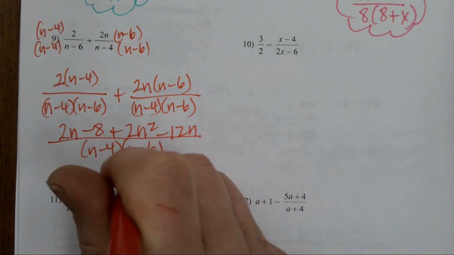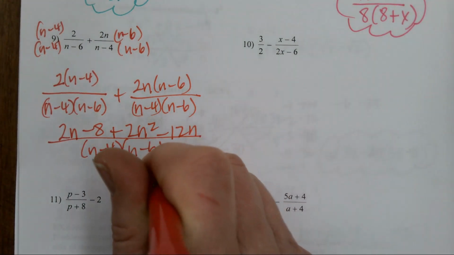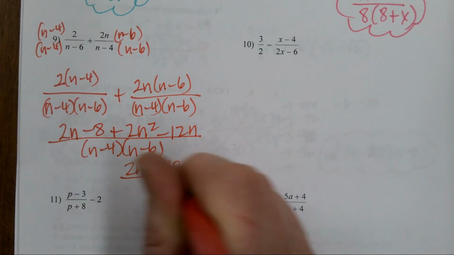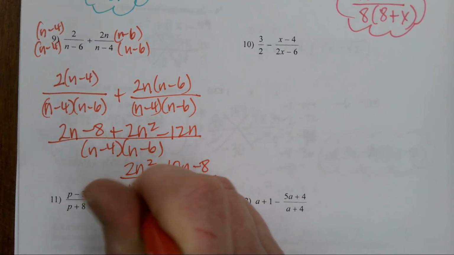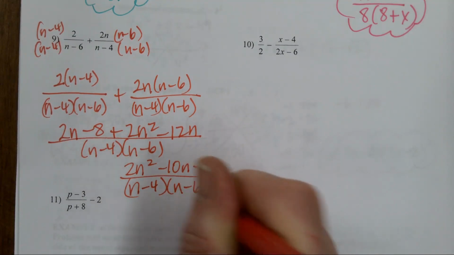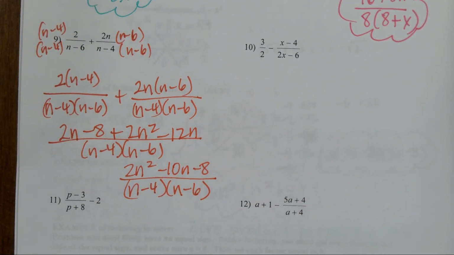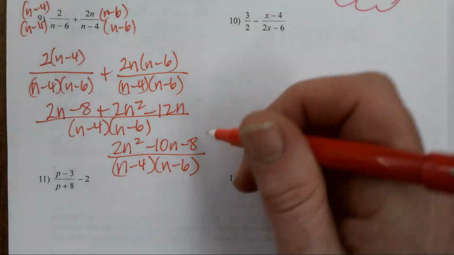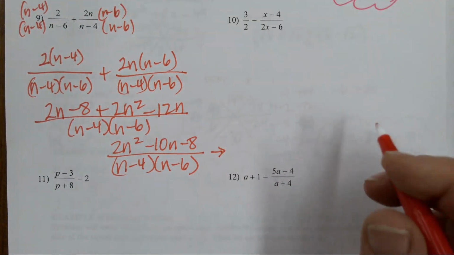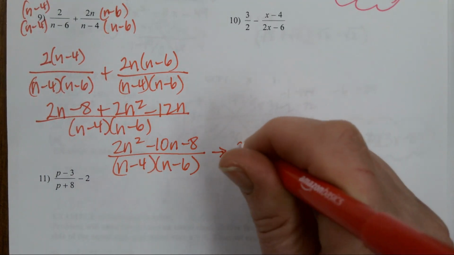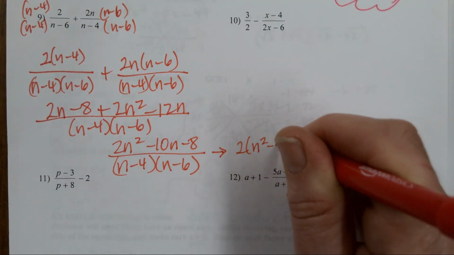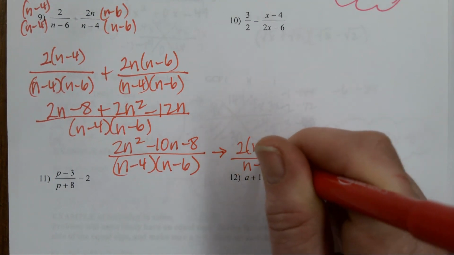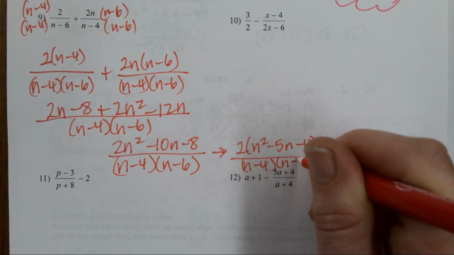This is 2n squared minus 10n minus 8 over n minus 4, n minus 6. I've been writing way too big. I need to calm down. Then I'm going to move this over and factor out what I can on the top. 2 times n squared minus 5n minus 4 over n minus 4, n minus 6.